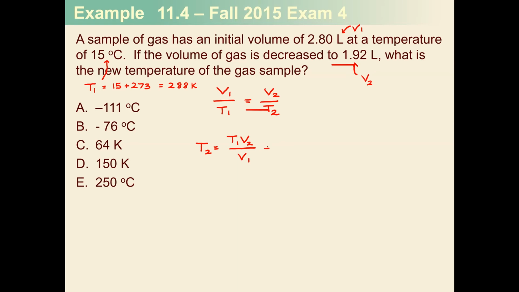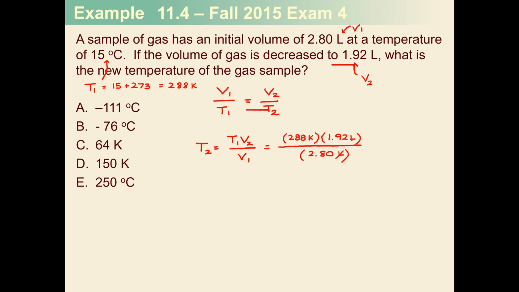So let us go ahead and plug in our identified variables. Our T1 is 288 K. Then we have our volume 2, which is our 1.92 liters. And then finally, we have volume 1, which is 2.80 liters.